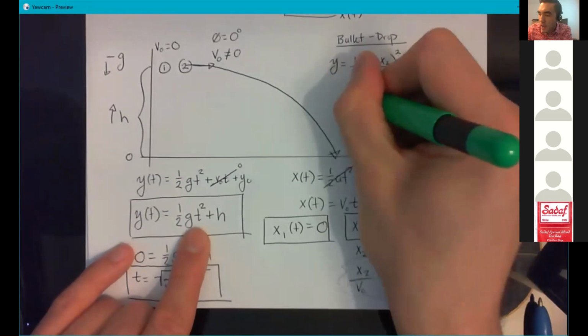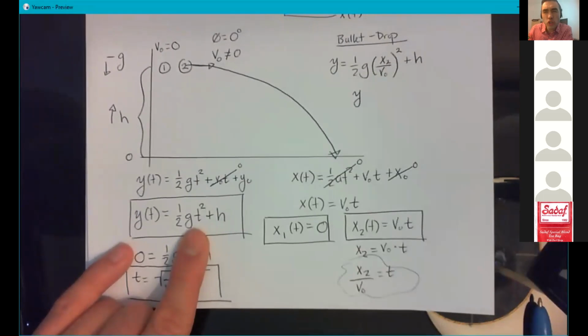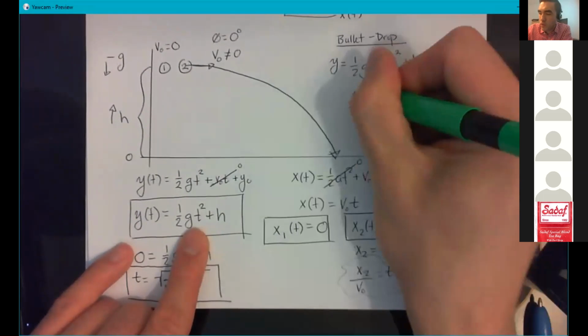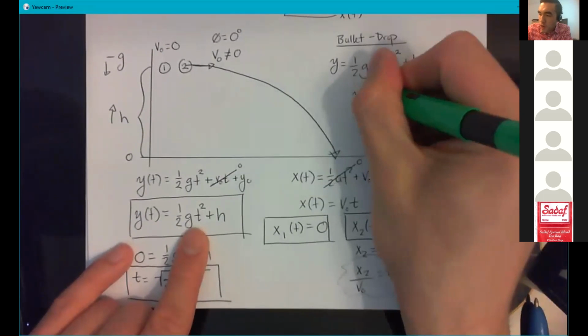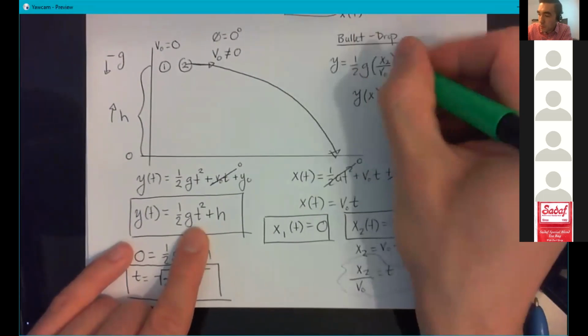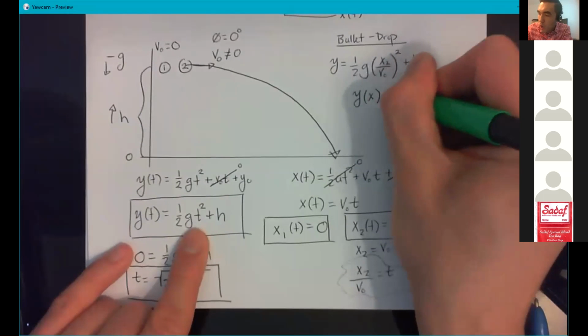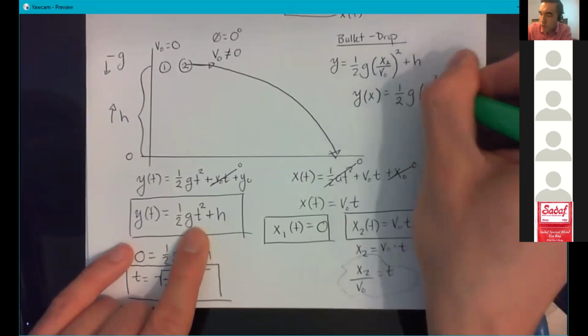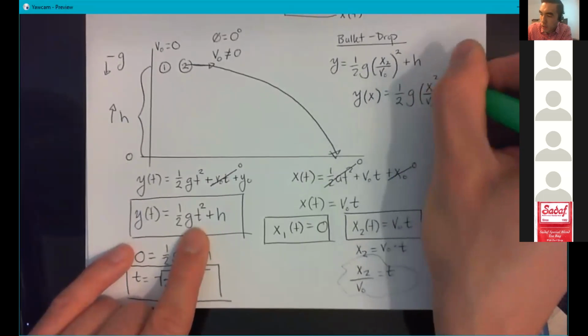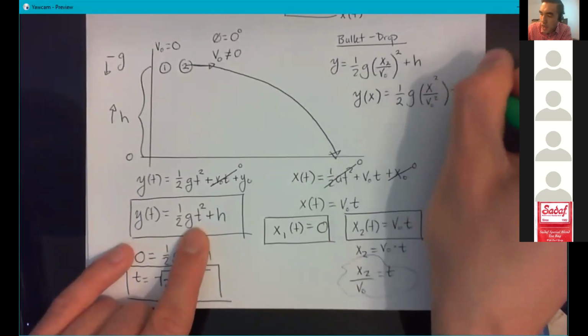And so y is no longer y as a function of time. Now it's y as a function of what variable? X. Y as a function of x is going to be equal to 1/2 g x squared over v naught squared plus h.